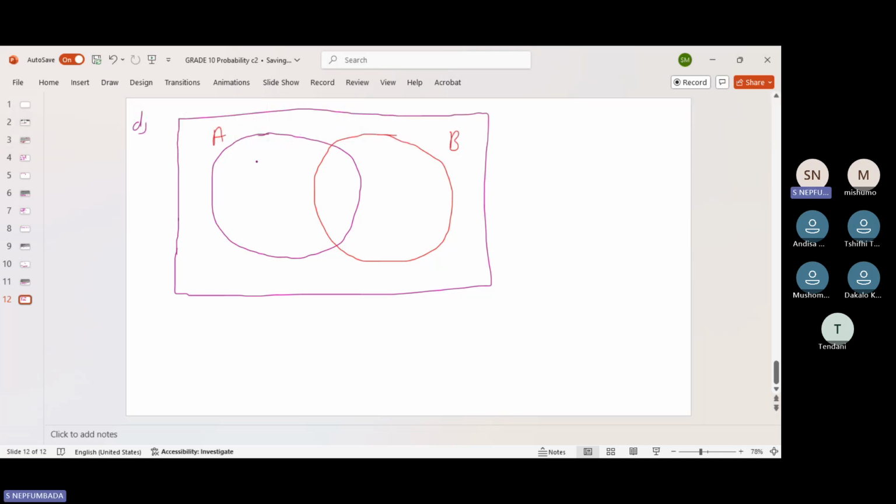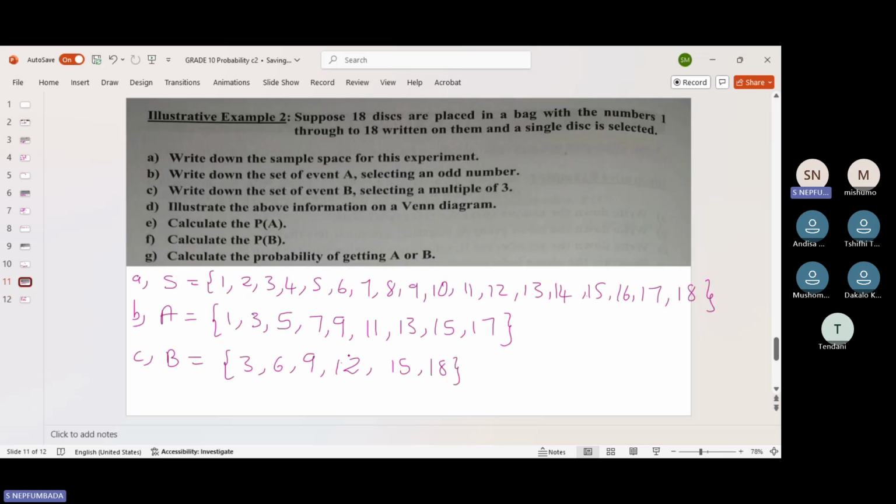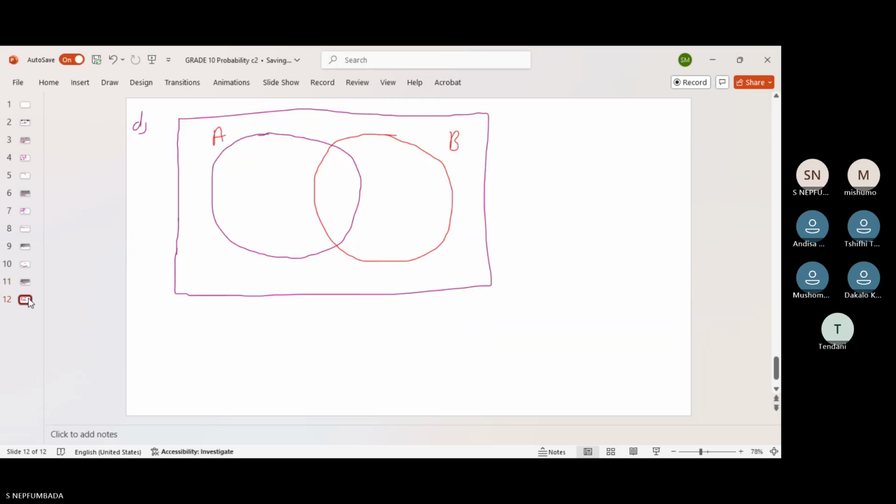So on our event A, which numbers are they sharing? Let's start to mark those numbers. It's 3, 9, 15. So it means we've got 3, 9, 15.